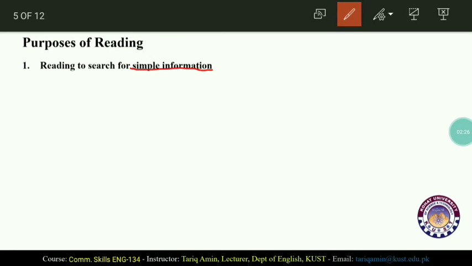And when we try to look at specific information in a text, we apply the strategy of scanning a text. When our purpose is to look at specific information in a text or simple information in a text, we apply the strategy of scanning. So sometimes we read to search for simple information. This could be one of our purposes behind reading a text.